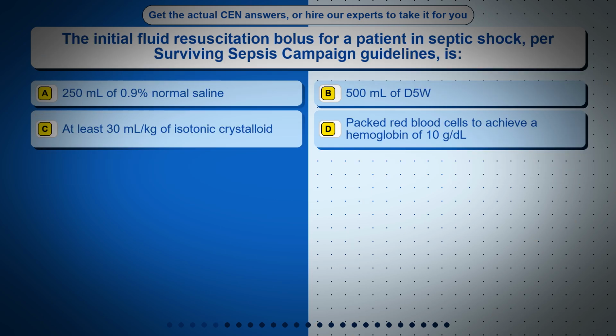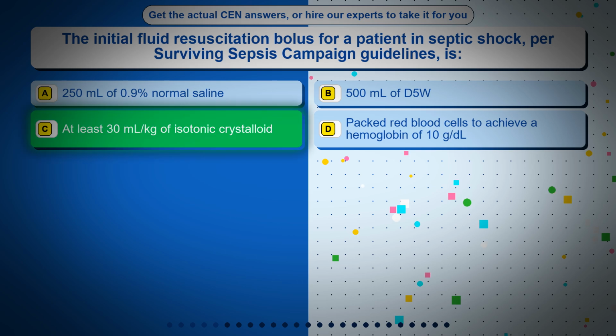Question 5. The initial fluid resuscitation bolus for a patient in septic shock, per Surviving Sepsis Campaign guidelines, is option A, 250 ml of 0.9% normal saline, option B, 500 ml of D5W, option C, at least 30 ml/kilogram of isotonic crystalloid, option D, packed red blood cells to achieve a hemoglobin of 10 g/dl.